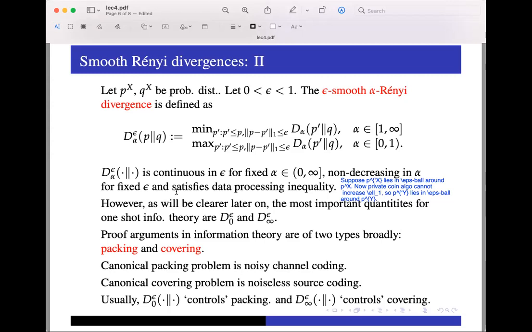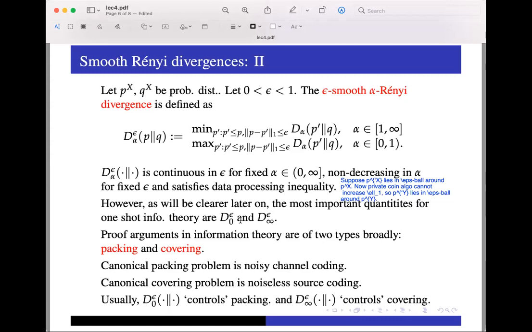And smoothing removes the instability because I've already minimized over an epsilon ball here, or maximized over an epsilon ball. So there's no instability. So these are seemingly great quantities to work with. Of these, let's look at the two extreme quantities, d epsilon infinity and d epsilon 0. Now, if you remember, d0 was kind of stupid, right?